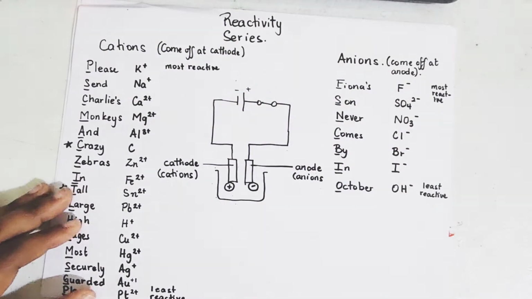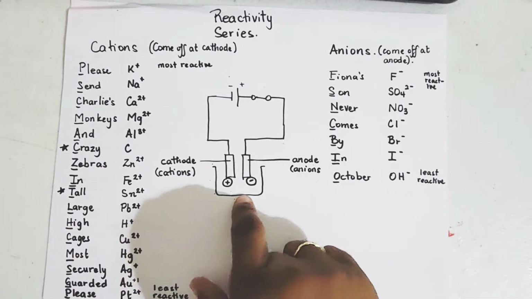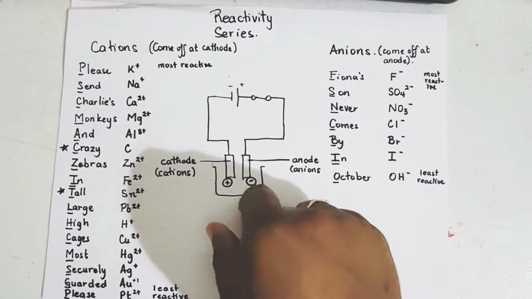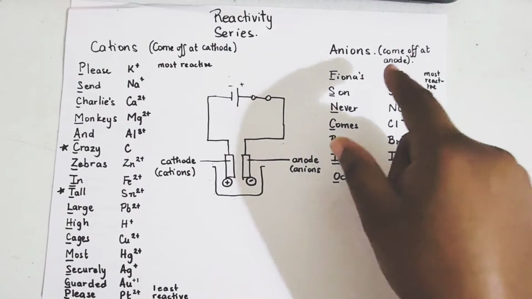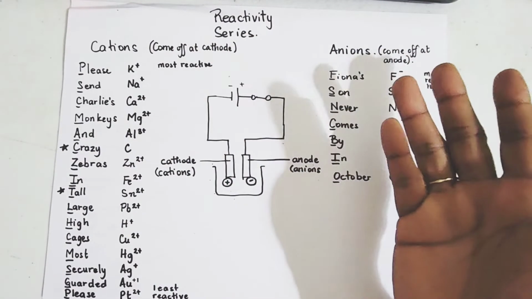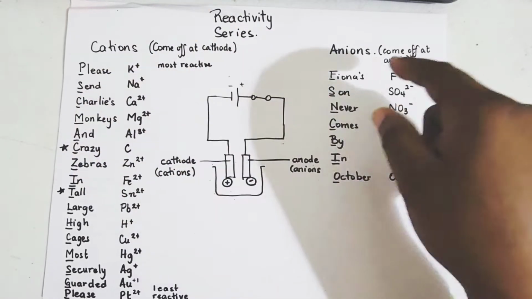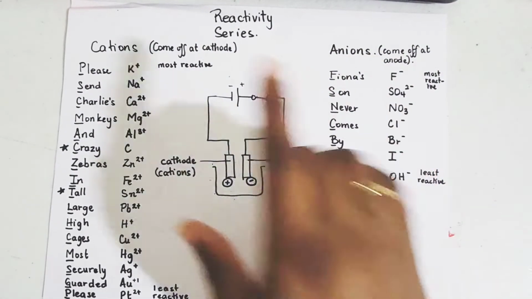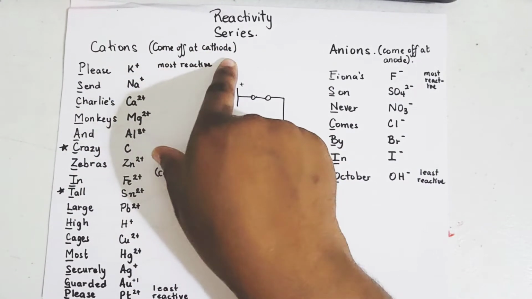Now, what we also need to note is that in an electrolyte, you're going to have freely moving ions, a mixture of positive and negative ions. The positive ones are referred to as cations, while the negative ones are referred to as anions. Cations match the name of cathode; they will come off at the cathode.